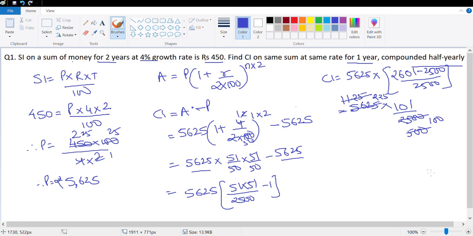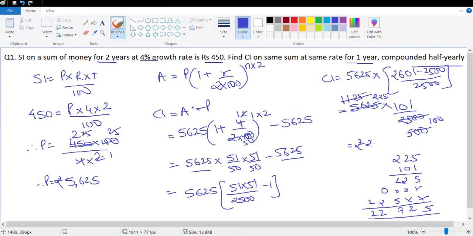So 225 into 101. Let's do that. 225 into 101 is 22725, and there are 2 decimals, so this is equal to rupees 227.25. So that's the value of compound interest.